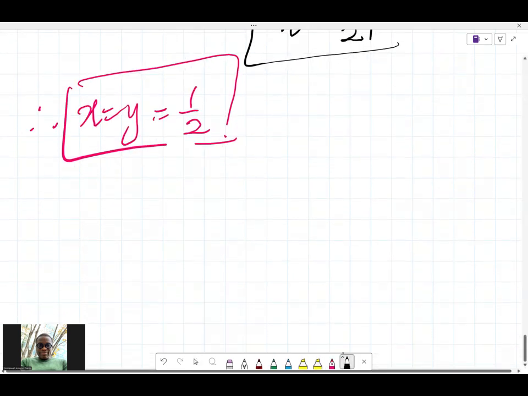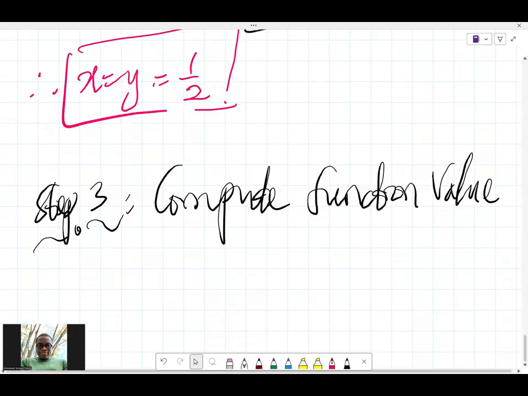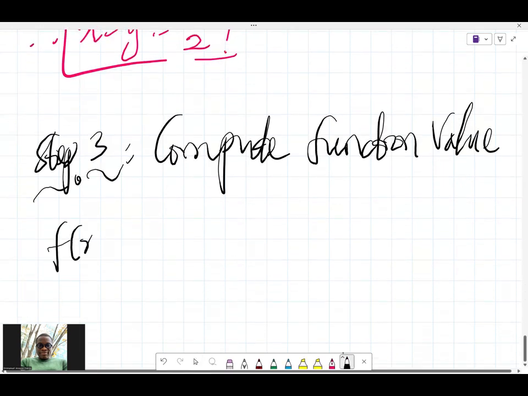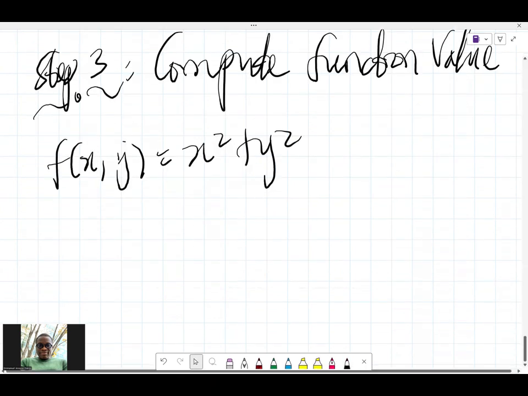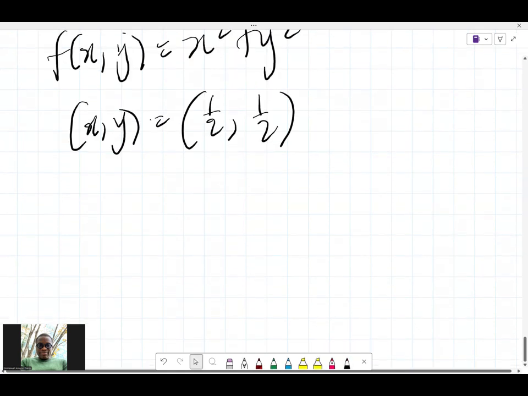Okay, so we go for step 3, and then we compute the function value. We know the function itself, f of x comma y, is x squared plus y squared. Now we have that x comma y is equal to half comma half based on what we have obtained.